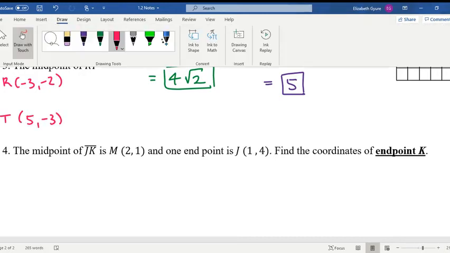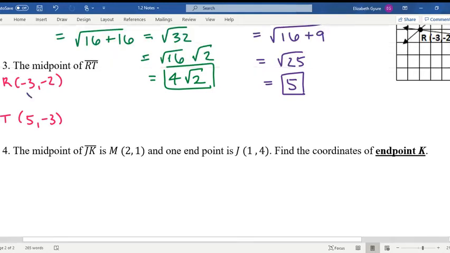So I'm going to use my midpoint formula this time, but I still need to know my x1s and y1s and such. So for R, -3 is going to be x1, and then -2 is y1, and then I'm going to make point T x2 and y2. And now I need to plug it into my midpoint formula, so I'm just going to put m equals.